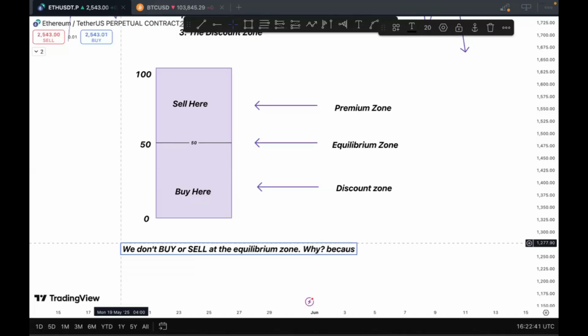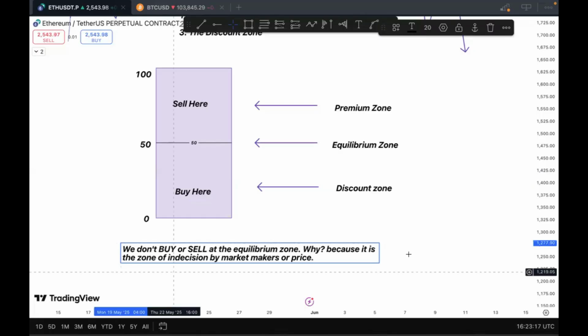Because it is the zone of indecision by market makers or price.